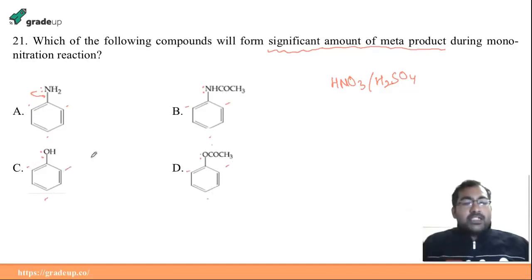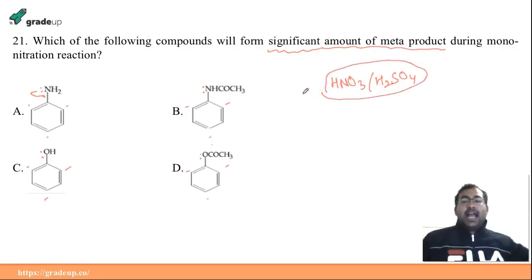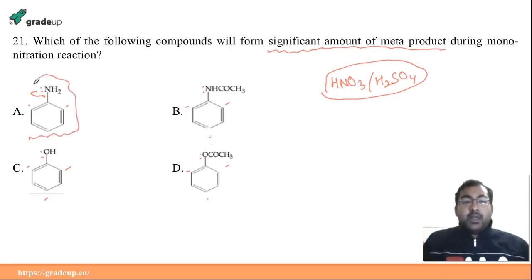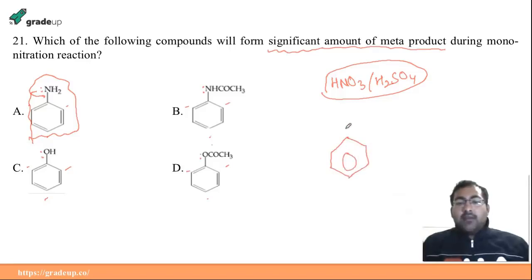But since we have this reagent and an acidic environment inside the solution, what happens with this amine is that it tends to get attached with hydrogen and form NH3 plus and HSO4 negative.